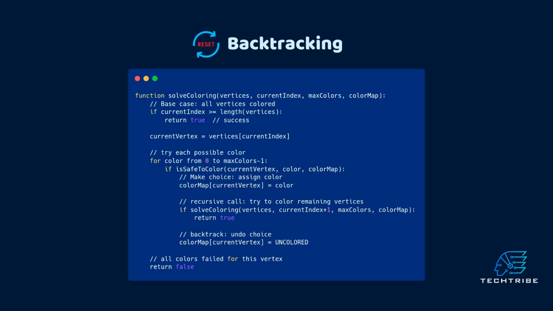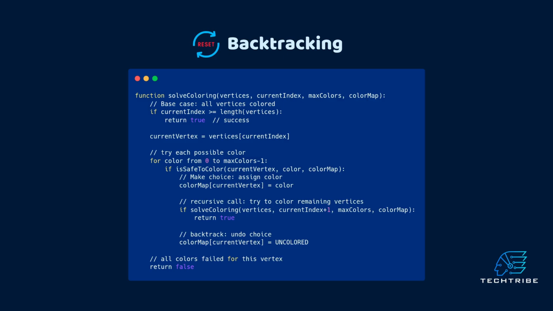And for each color from 0 to the maximum number of colors, so yeah, the colors can be just an integer, we try to see if it's safe to color that specific vertex by passing the current vertex, the color that we are trying to color, which is just an int, and the colors map. We make a choice. We try to guess here, and on the color map, on the current vertex, we try to assign the color.